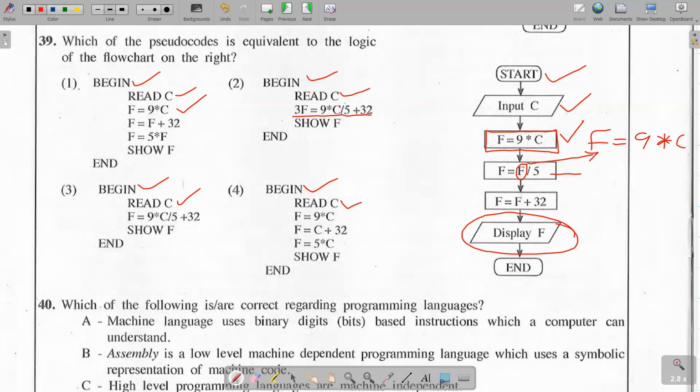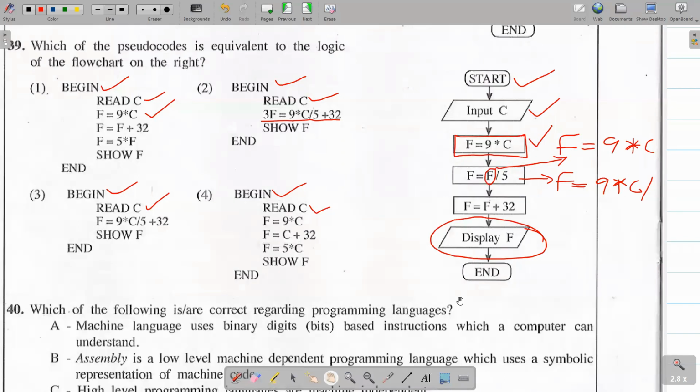So that means in this box, we can write it like F equals 9 into C divided by 5. Right? 9 into C divided by 5. And then the next one says F equals F plus 32.